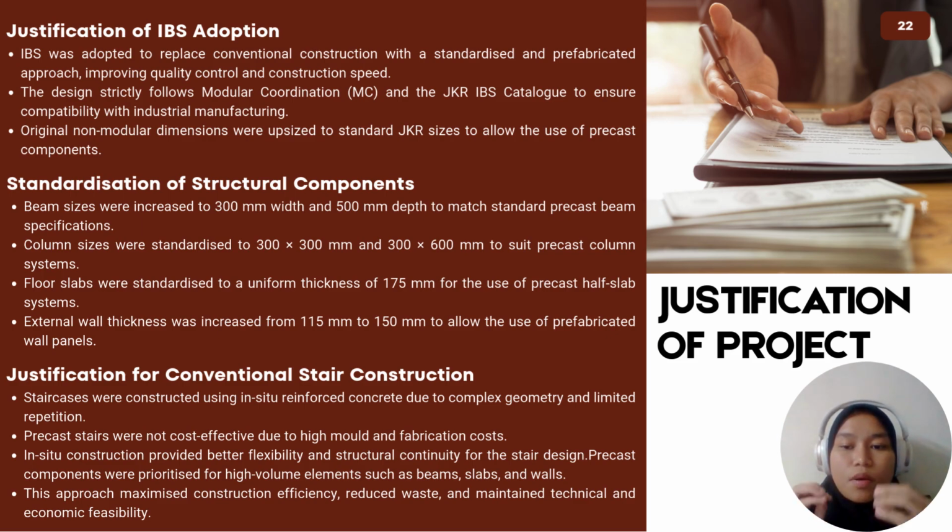However, components with complex geometry and low repetition, such as staircases, were constructed using in-situ reinforced concrete, as a precast solution would not be economical. This balanced approach ensures that IBS is applied efficiently while maintaining technical and economical feasibility.